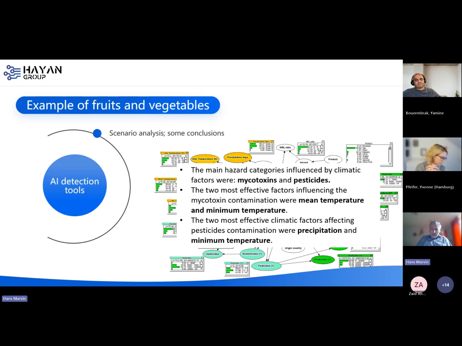Then the two most effective factors influencing mycotoxin contamination were the mean temperature and the minimum temperature. And if we look at pesticides, the precipitation and the minimum temperature were the most dominant factors affecting them. So this was the outcome of that study.